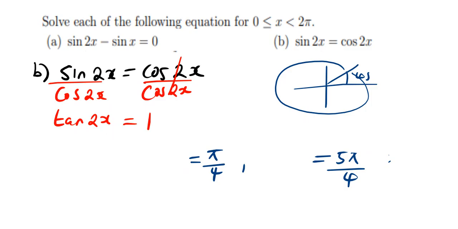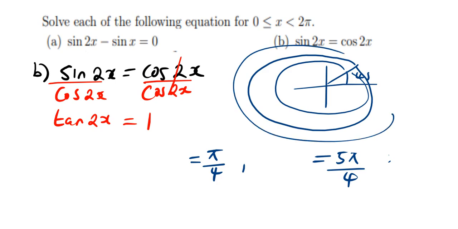The full revolution is 360. If we had 3x, we would take another one and have 6 answers. But since it's only 2 revolutions, we're supposed to have 4 answers.